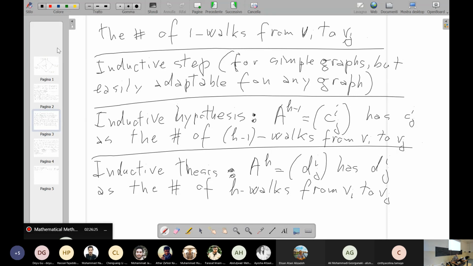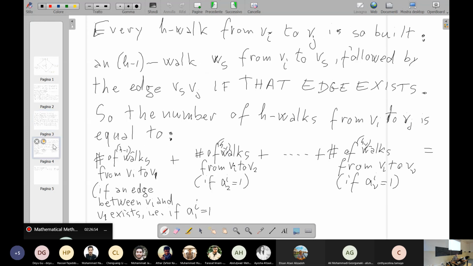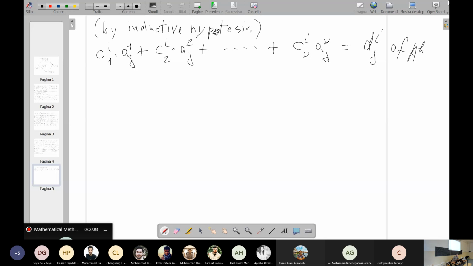If you want, next time I'll give you an example with a true graph, but you should try with a true graph, with A squared and A to the third, to understand everything I've said on a concrete graph. But the proof is complete and formally untouchable as it is. And so we have this, okay?